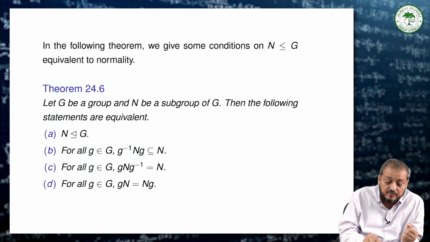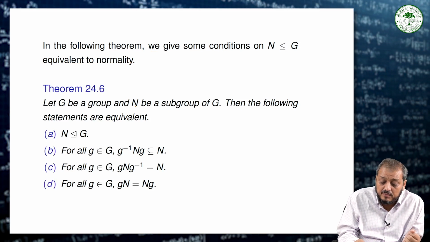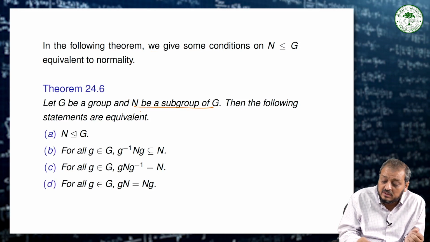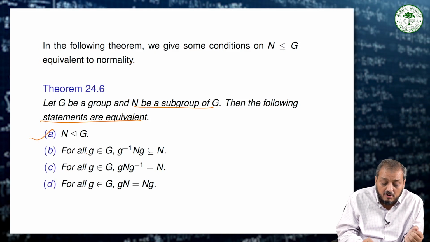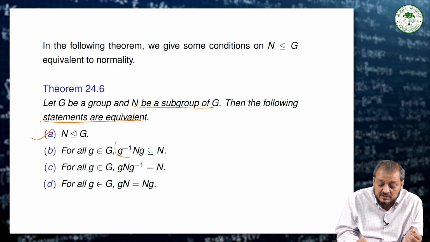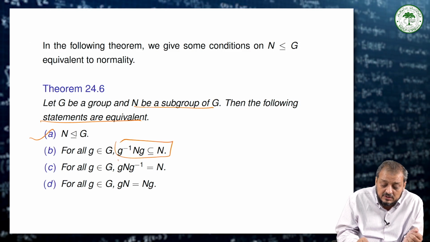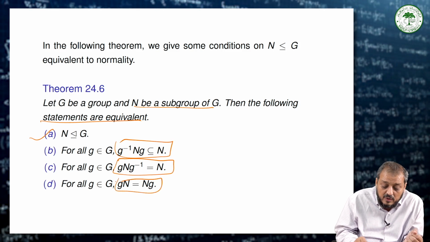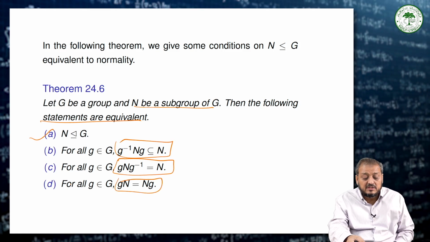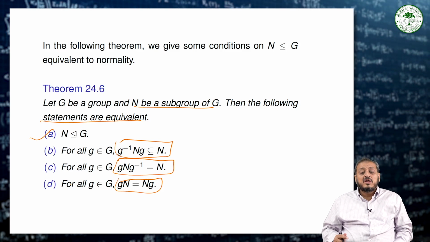So let G be a group and N be a subgroup of G, then the following statements are equivalent: N is normal in G; g inverse n g is contained in N for all g in G; g n g inverse is equal to N for all g; and g n is equal to n g for all g.